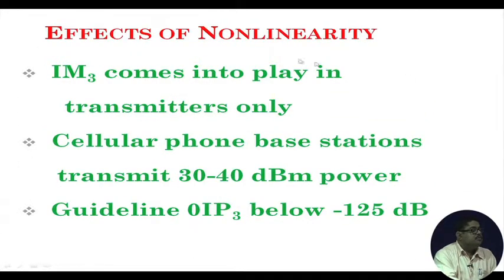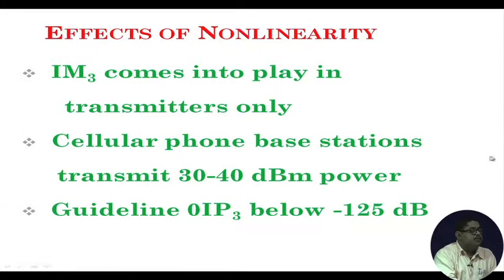Now, effects of nonlinearity. You see that intermodulation products, third order intermodulation, come into play in transmitters mainly. Though this example we have shown for LNA and mixer, where this nonlinearity does not come, the mixer is inherently a nonlinear device, that is why we have talked about that. But generally in transmitters, in the power amplifier stage, the final stage, this comes.